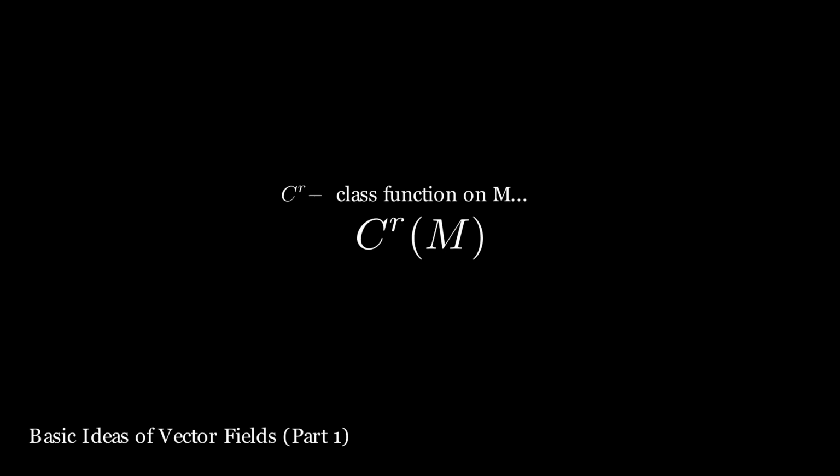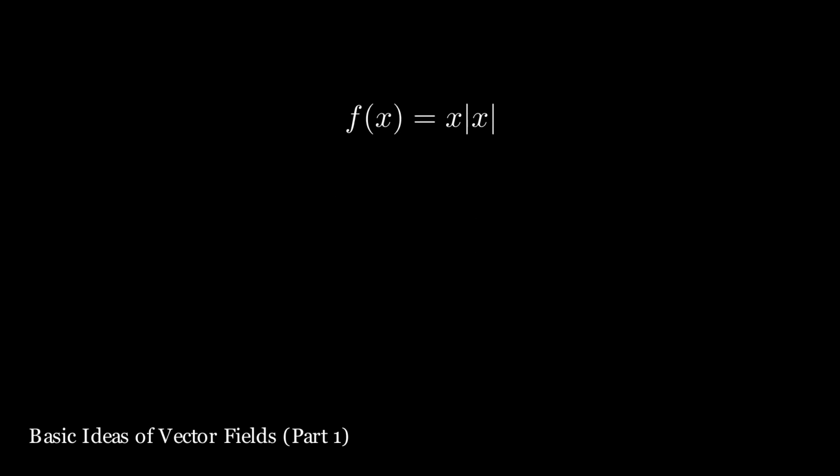First, we'll frequently use the term C^r class function from now on. This means that the function f has all partial derivatives up to order r on its domain, and those derivatives are continuous. For example, let's take f(x) equals x times the absolute value of x.